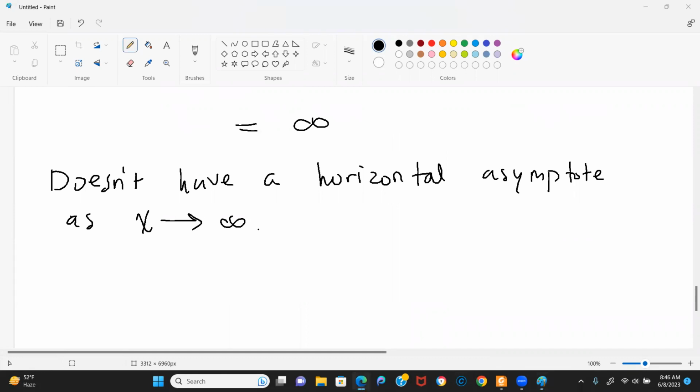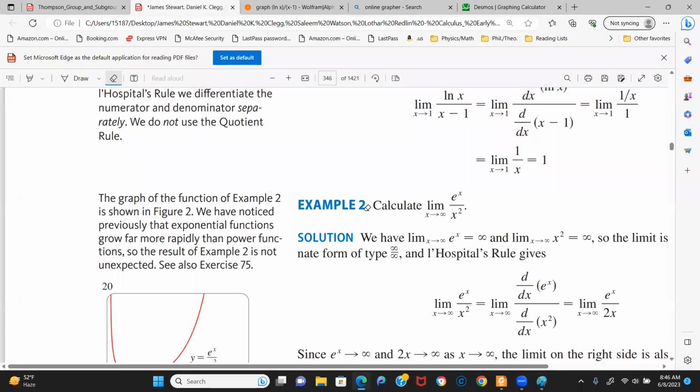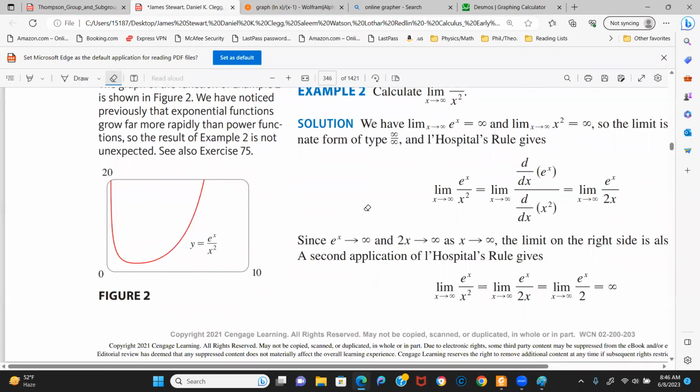So let me open up the book so you can see. Here we go. This is what the graph looks like near zero, and you can see it goes off to infinity very, very fast.